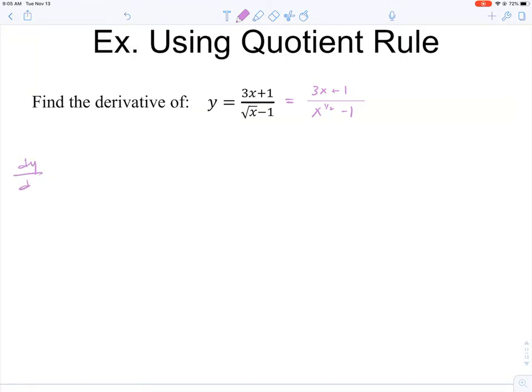So dy over dx, can use y prime or dy over dx, will be the denominator times the derivative of the numerator minus the numerator times the derivative of the denominator. And then all over the denominator squared.